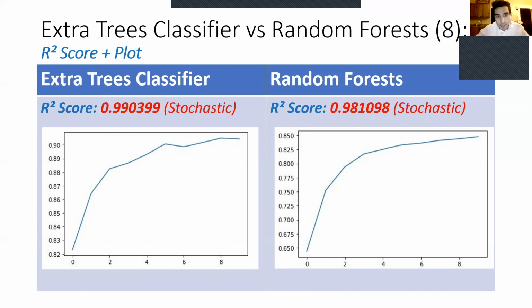This plot shows the increase in R squared when going from 0 to 9 trees. I did test it with 100 trees, but you don't see the changes as well as when using only 9 trees. You can see that with extra trees, from one tree to the other, it's quite steep. Even though it's very similar to random forest, for extra trees we see a little bit more drastic changes in R squared as we increase trees.